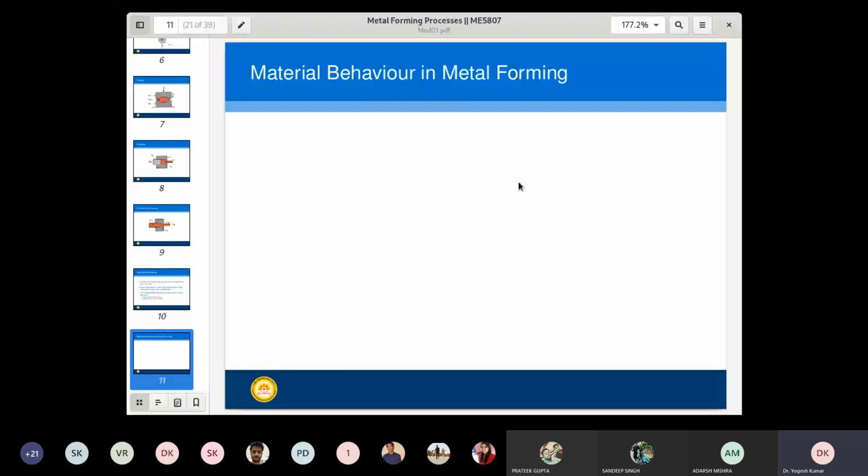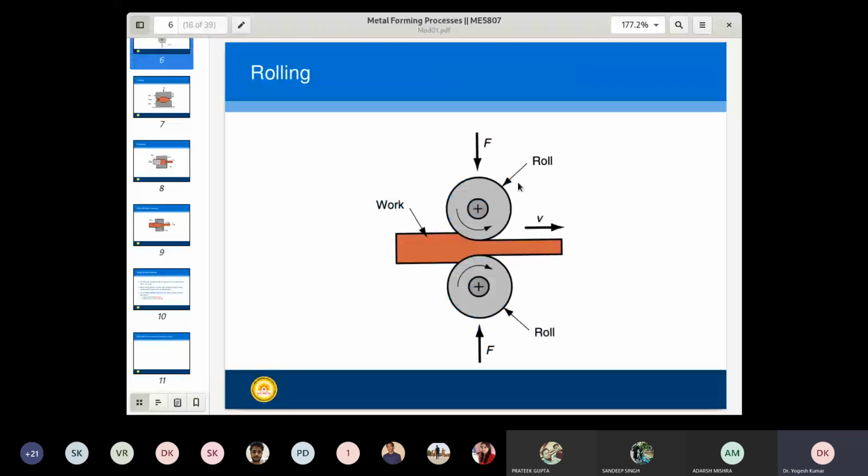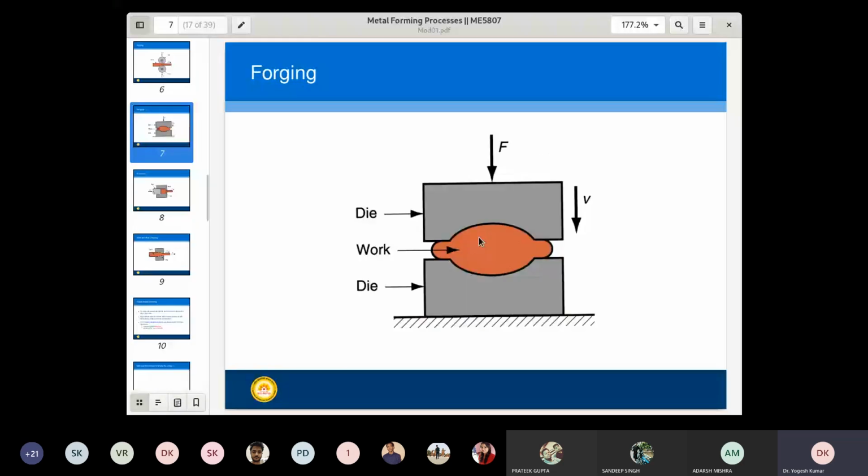Suppose we are supposed to forge a gear through forging processes. We are forging a gear disc from a cylindrical piece of metal. So what will be the shape of die and punch?